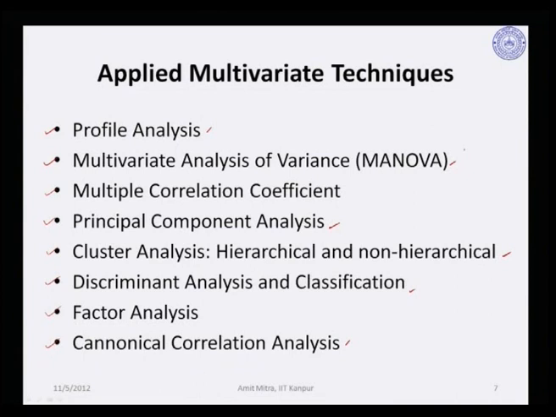Now, specifically when we consider profile analysis, we will look at two or more groups of multivariate populations, characterized by corresponding unknown mean vectors, and the profile plots that are obtained from such mean vectors.